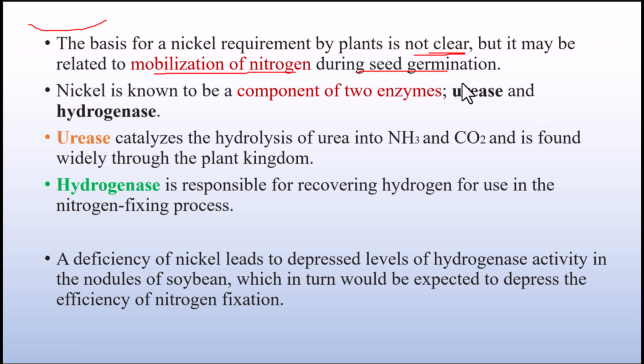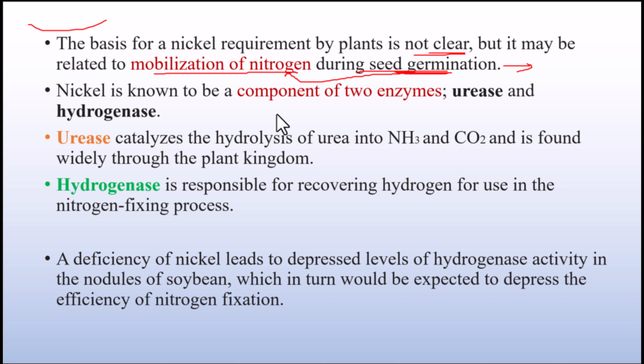If the particular amount of nickel is not present at the time of seed germination, then these seeds do not show proper mobilization of nitrogen, and the seed germination process is disturbed or stopped.